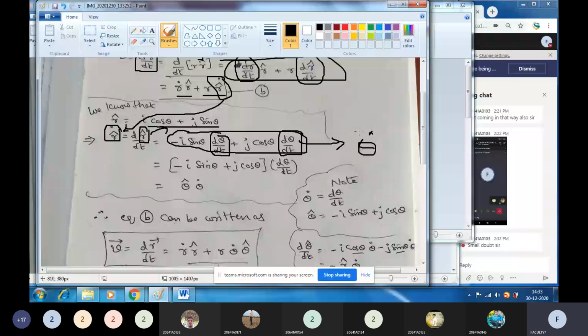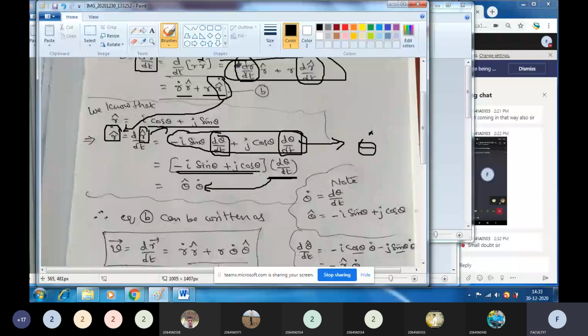Now the same thing here, I removed the common factor and placed this as theta dot, and this entire value as theta cap.